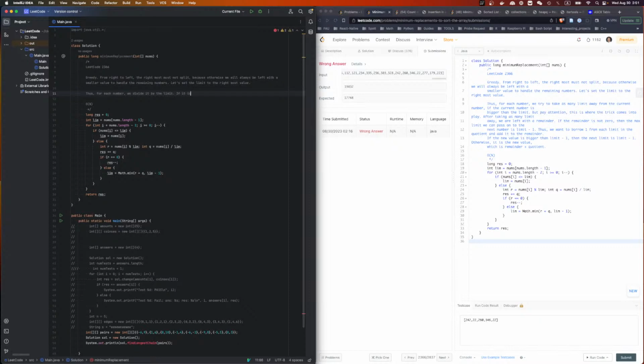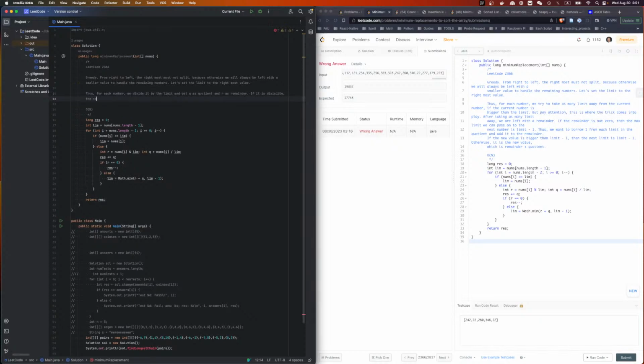If it is divisible, we split it by lim and get q as quotient and r as remainder. If it's divisible, the next limit remains the same, and we perform q minus 1 splits.